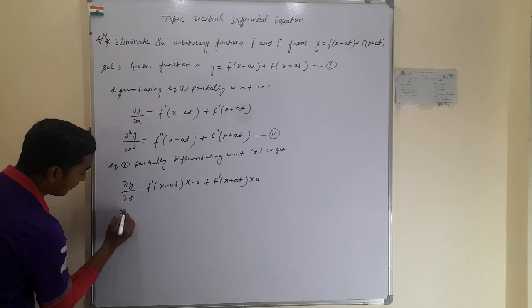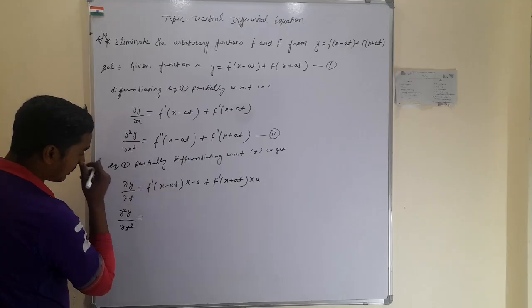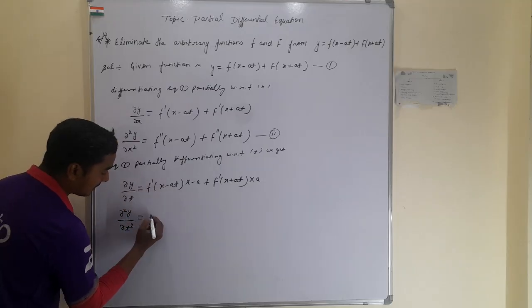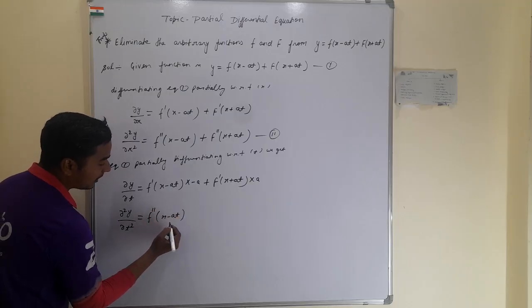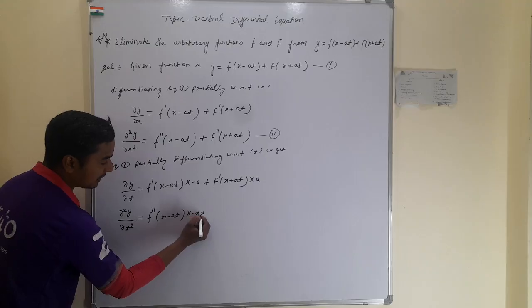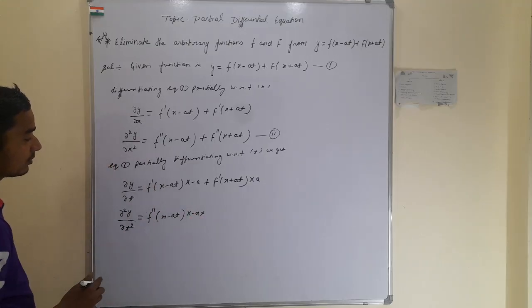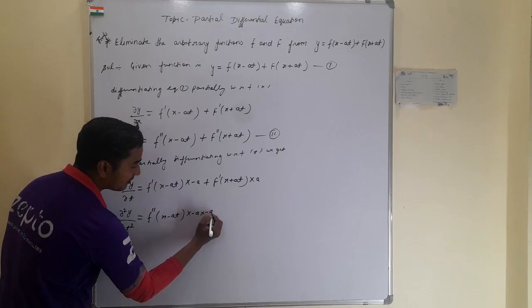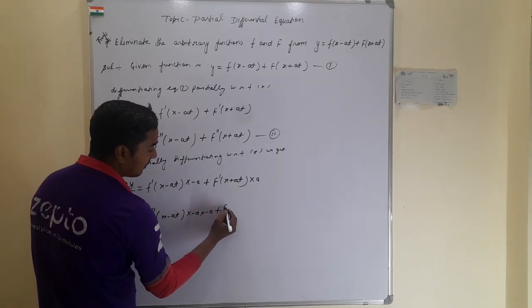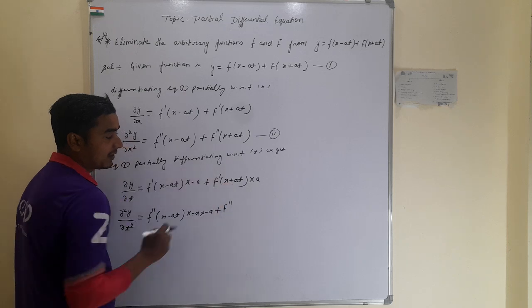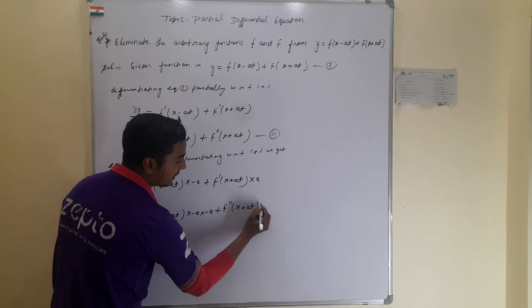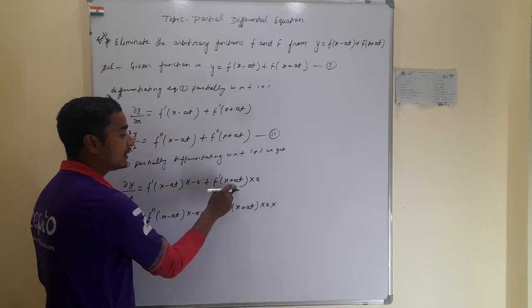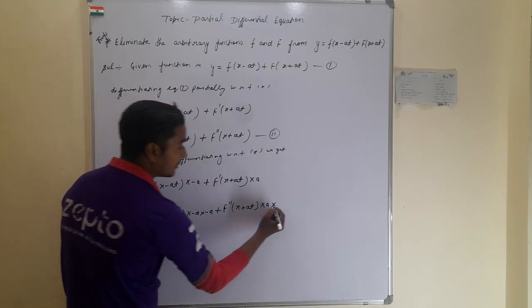From here we differentiate ∂y/∂t again with respect to t. This gives ∂²y/∂t² equal to −a, which is already present, times f'(x − at) differentiating with respect to t, which gives f''(x − at), and again −at differentiating gives −a, plus F'(x + at) differentiating gives F''(x + at), and a is already present, and at differentiating again gives a.